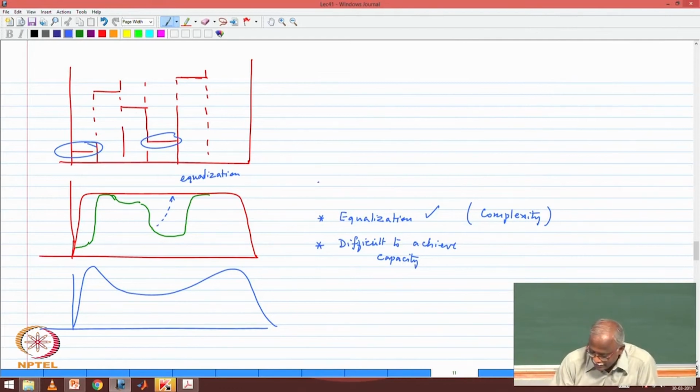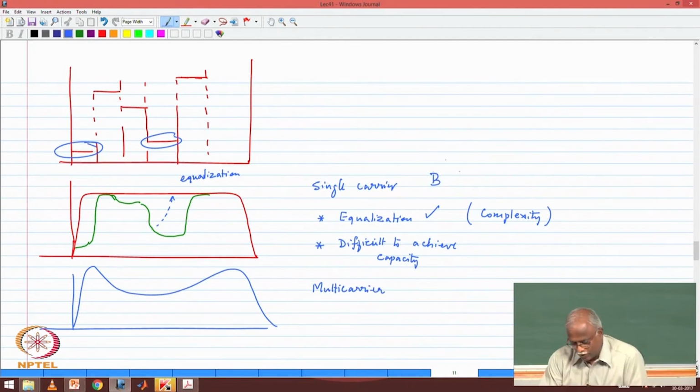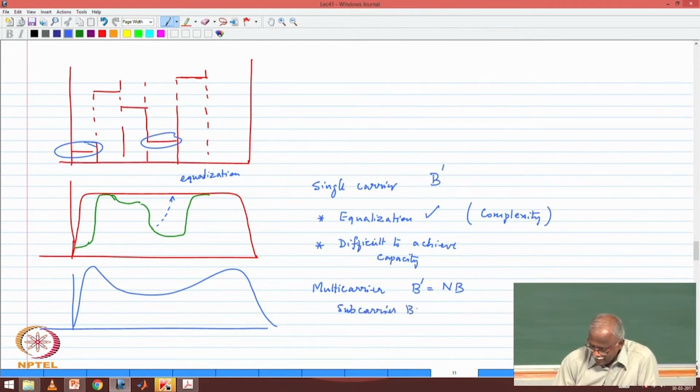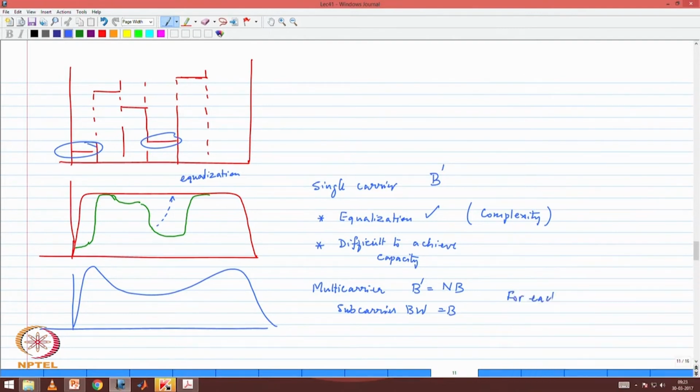However, if I could transmit these as individual signals, basically multi-carrier modulation. So this is for a single carrier system. Now on the other hand, had we transmitted a multi-carrier system, so this is some bandwidth B, let's call it B prime, and this B prime is equal to n times B. So basically the multi-carrier has got n carriers of bandwidth B. So each of these subcarriers has bandwidth equal to B. Now for each subcarrier, is equalization needed?